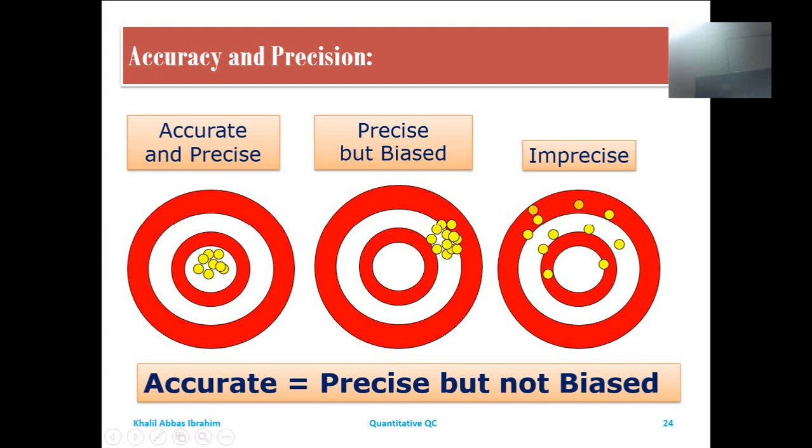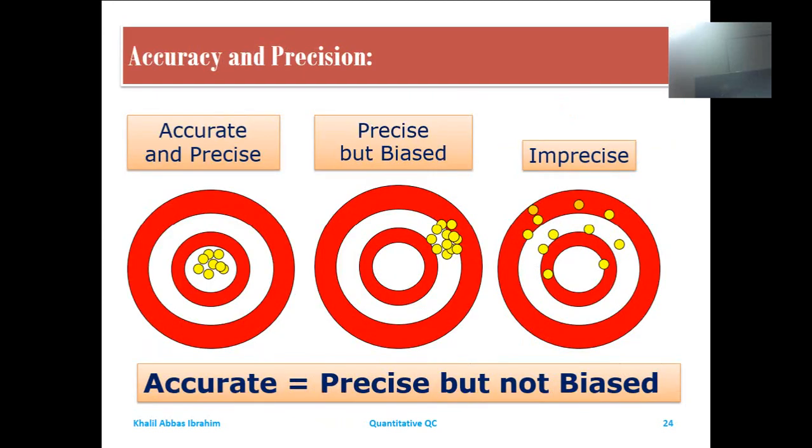You find in the shape two circles within each other, and in the center of the central circle there is one midpoint, which represents the true value.